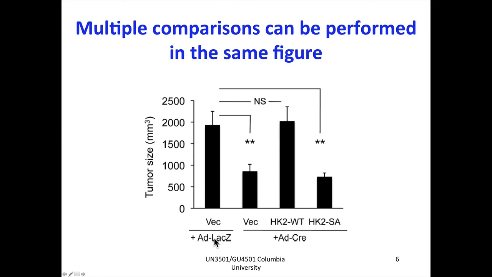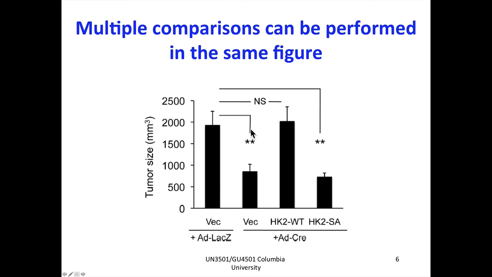And the treatment they're comparing now is between the AD-LAC-Z and AD-CRE. So now you're looking at what is the effect of this AD-CRE treatment, introducing the CRE recombinase versus just a control adenovirus that shouldn't do anything. And they say, aha, the tumors become quite a bit smaller, less than half the size, 800, 900 cubic millimeters when grown for the same amount of time.